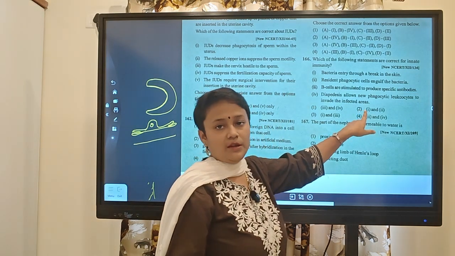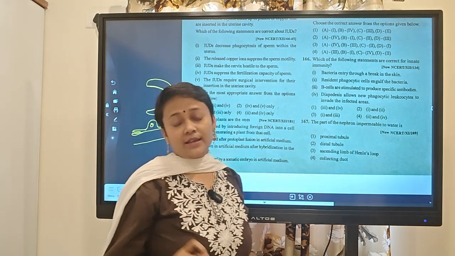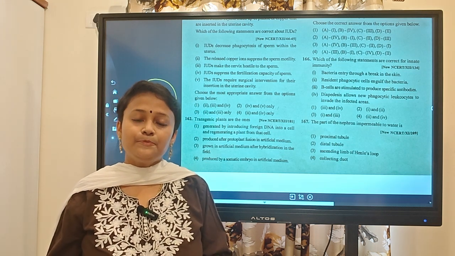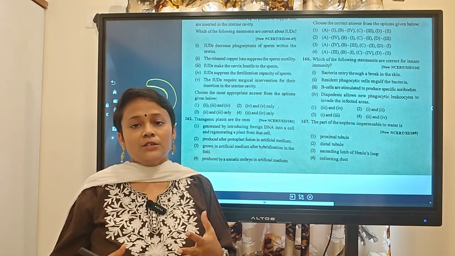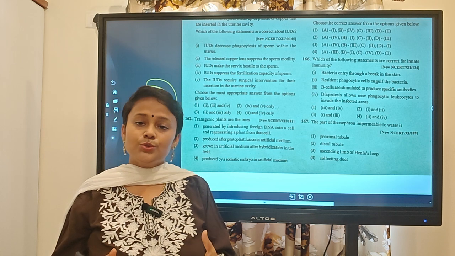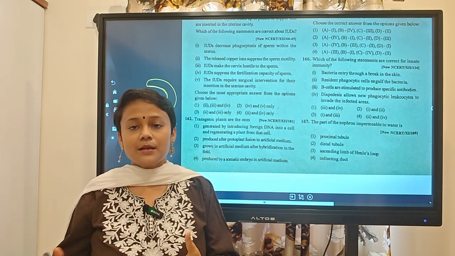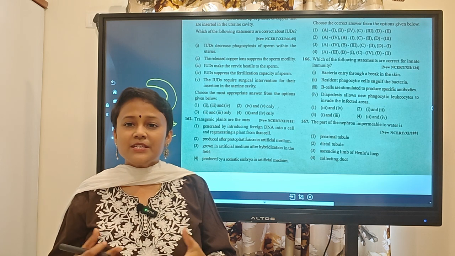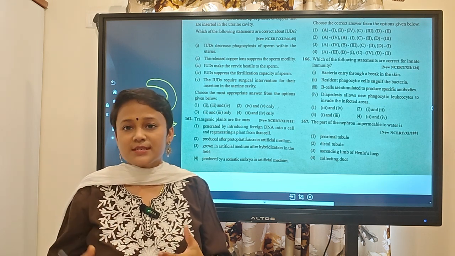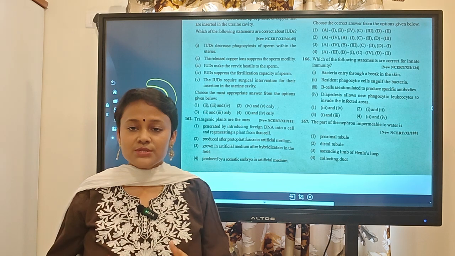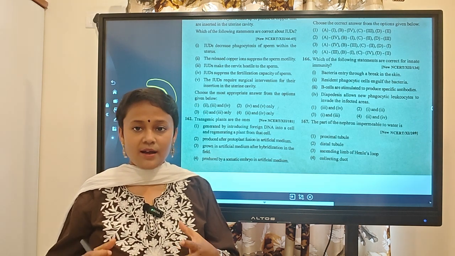The answer will be the second option. So again, I want to make a suggestion that when you are solving a question, you have to choose the most appropriate answer. Maybe there will be some partially correct options or this kind of confusion, but always you have to choose the most appropriate answer. Okay.